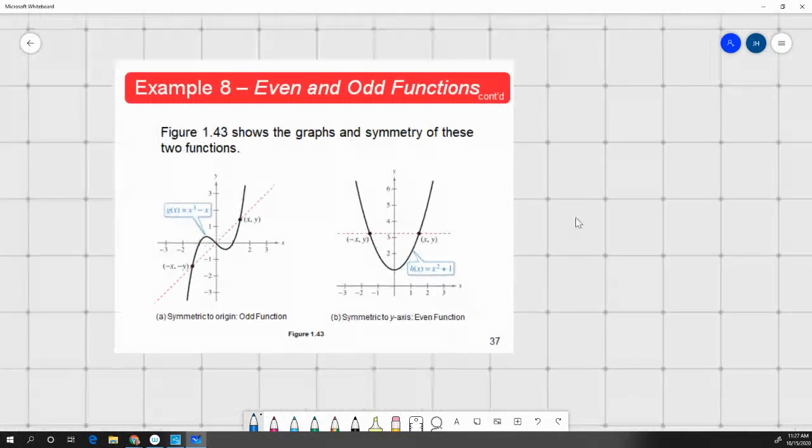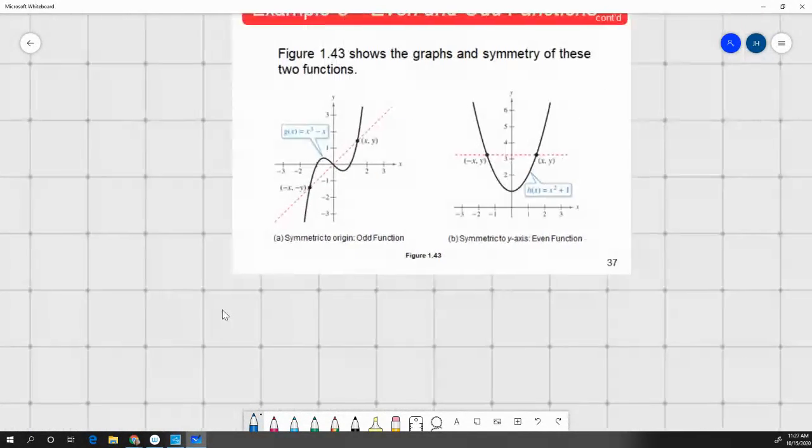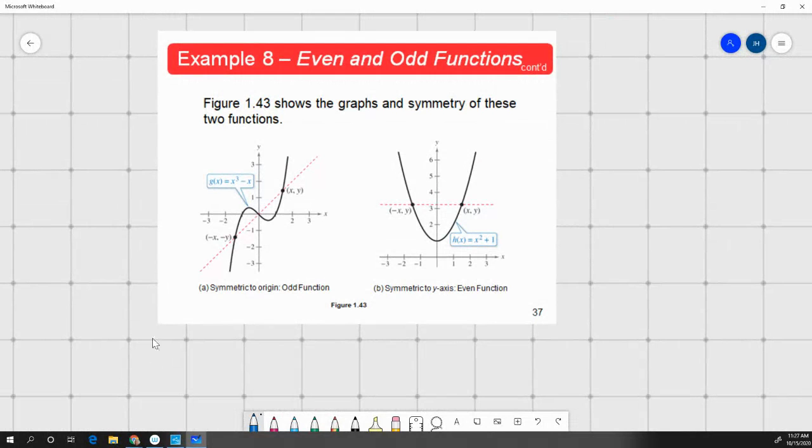And this is my last thing, my last slide, just showing you what it means to be symmetric about the origin. So this is an odd function, right? Everything on this side is repeating on this side. Everything on this side is repeating on this side.